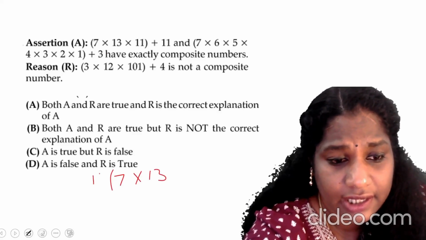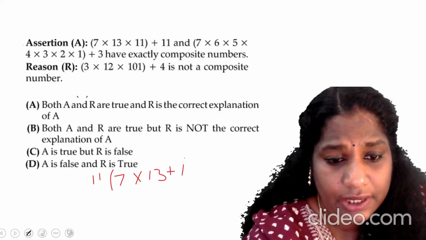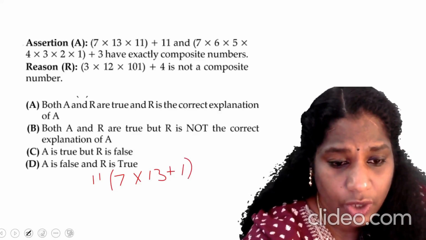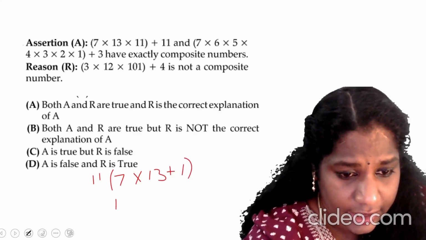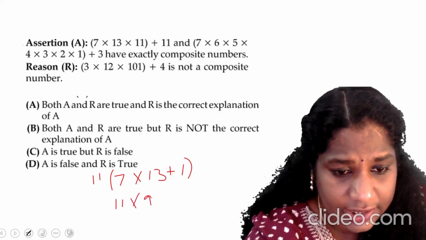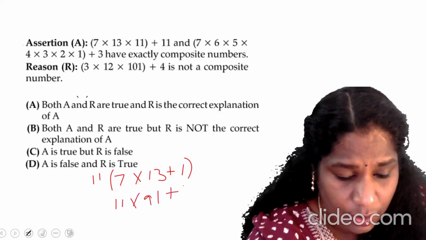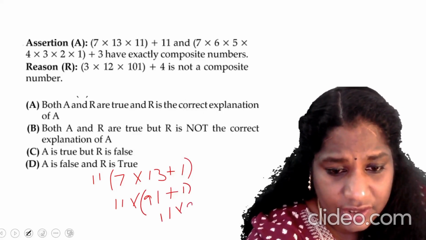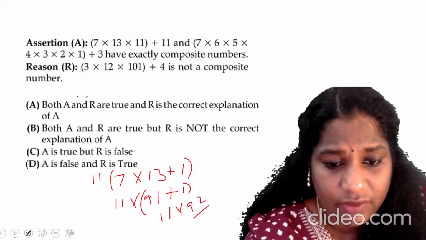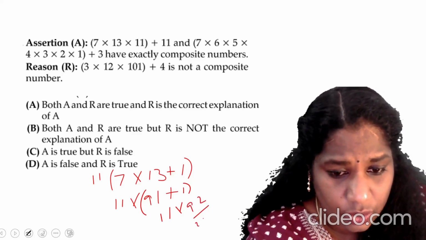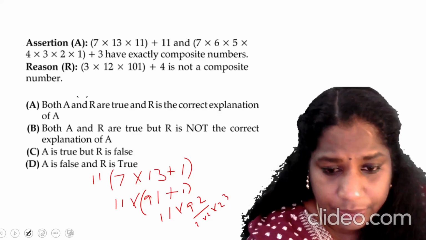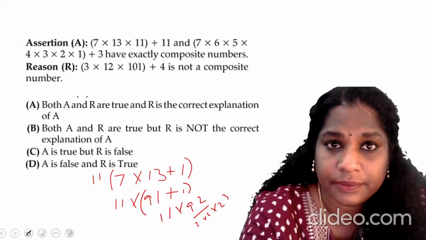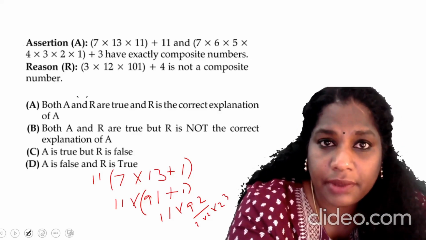I think I'll take 11 common and this will become plus 1. So what will it become? 11 into 91 plus 1. So how much is it? 11 into 92. Definitely 92 is going to have a lot of factors, guys: 2 into 2 into 23.